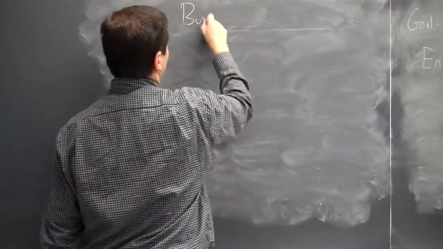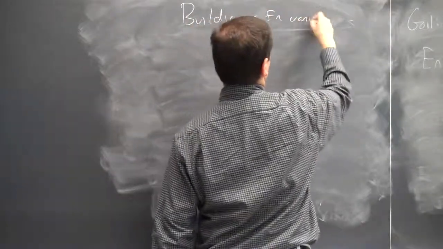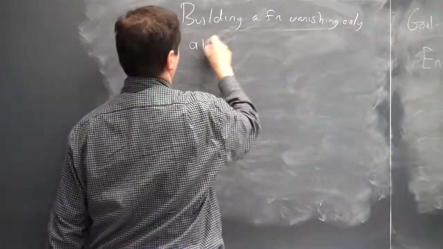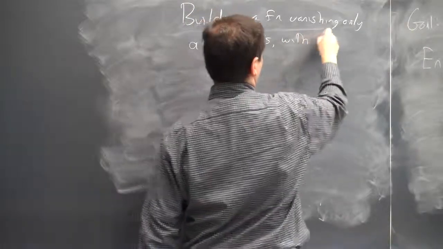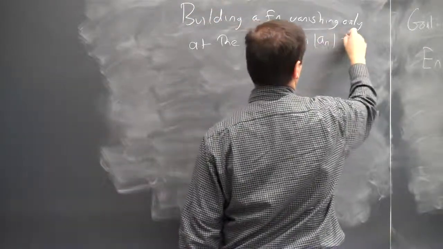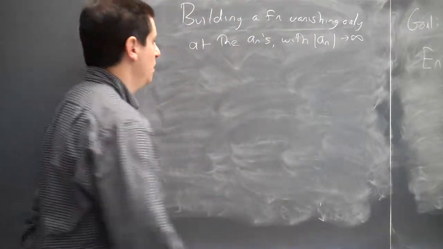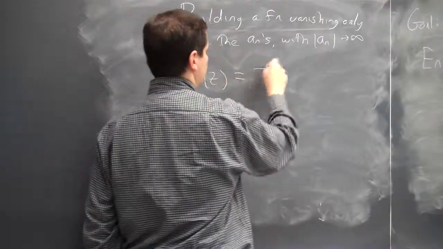So, building a function vanishing only at the a_n's, with the a_n's going to infinity. Okay? So what we'll do is we'll let f of z, let's just try this.